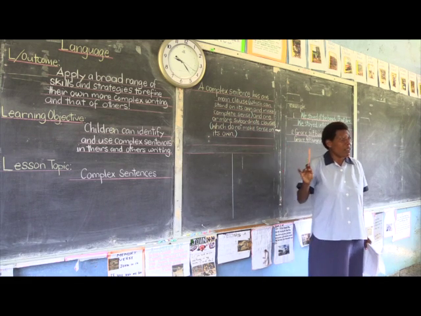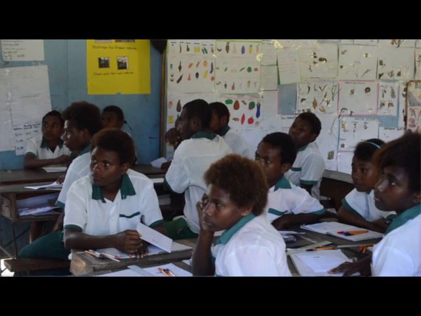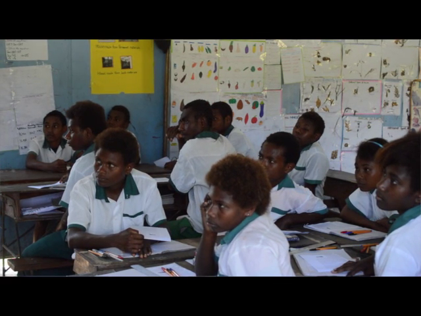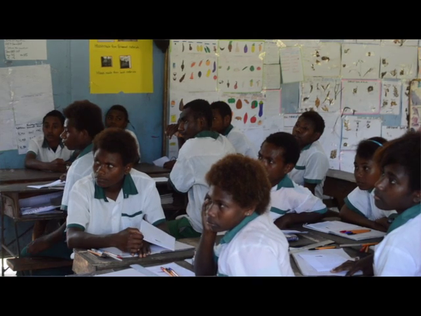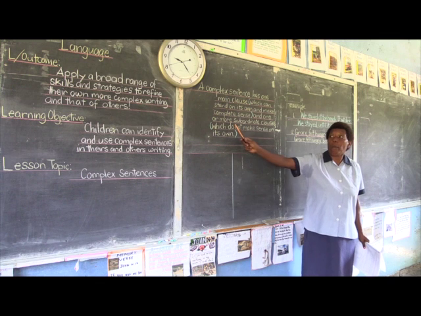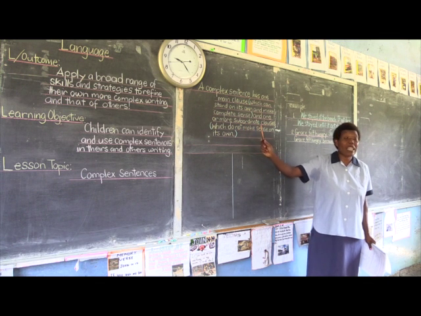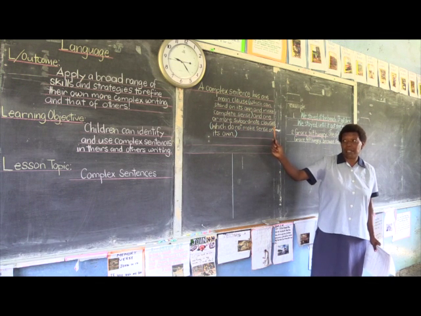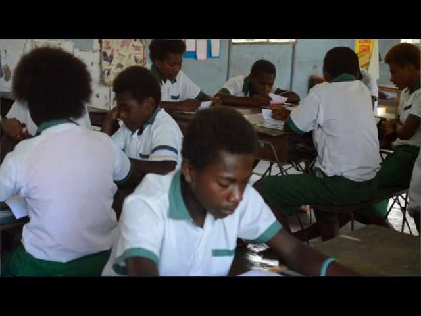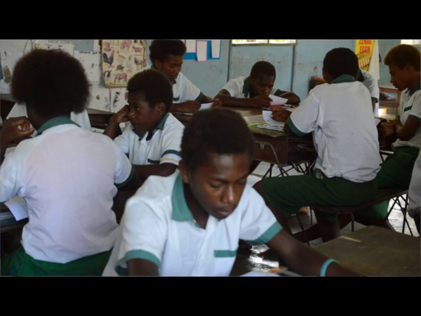A clause is a part of a sentence which has its own verb. And it has one or more subordinate clauses, which do not make sense on their own.